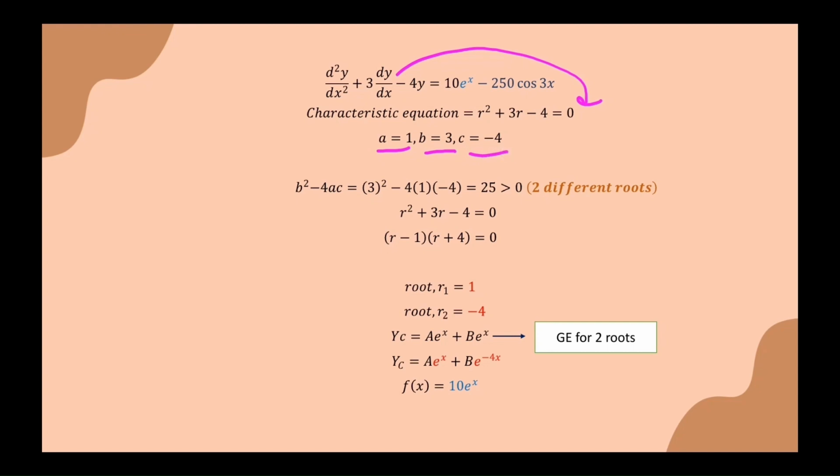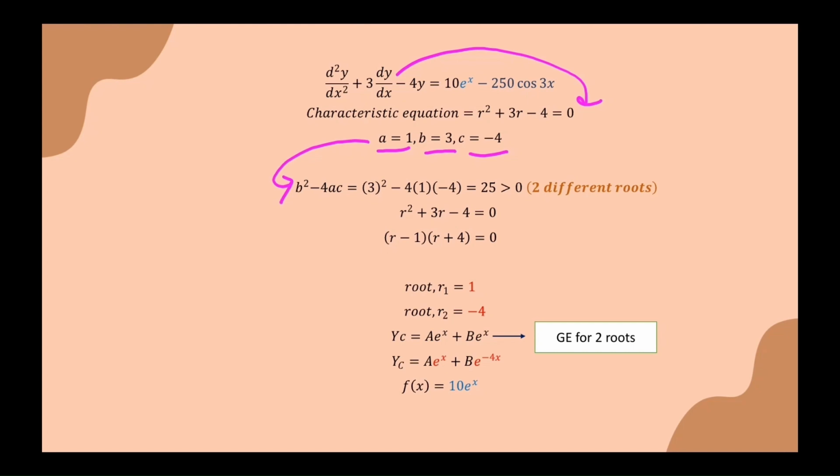As we have already determined the values of a, b and c, now we are going to put them into the base formula, which is b² minus 4ac. This is a formula which is used to determine the number of roots in the equation.